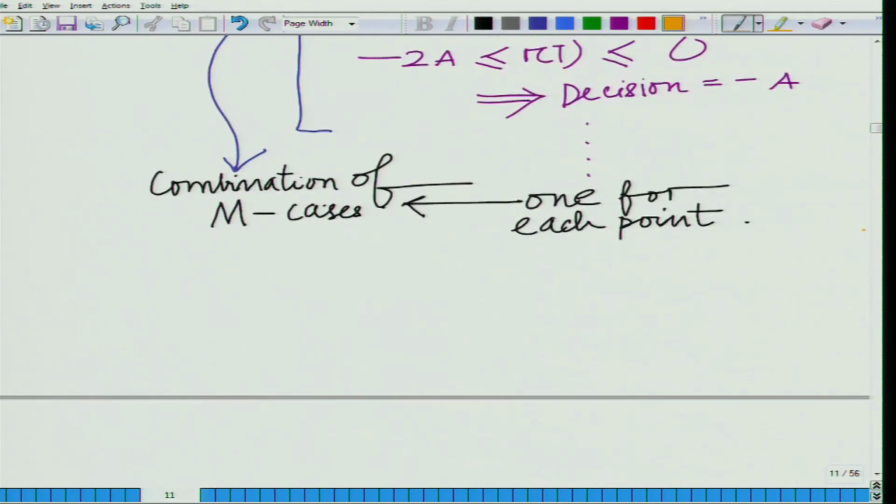So, this can also be called the nearest neighbor decision rule.